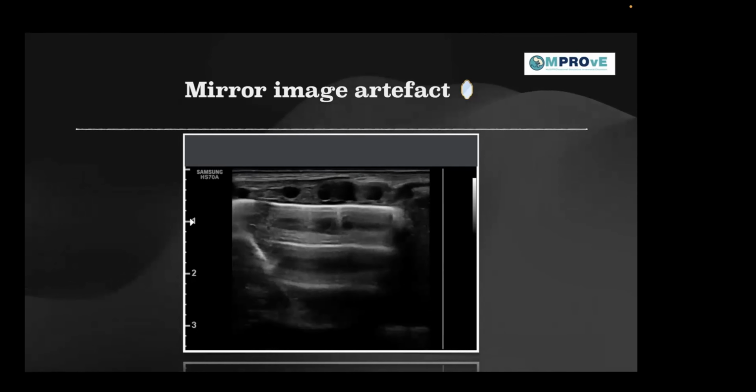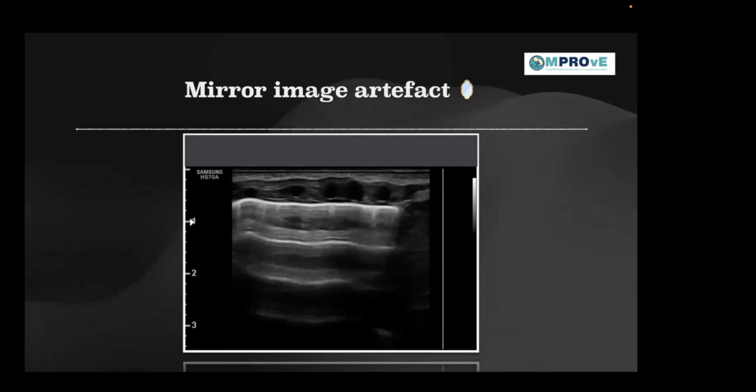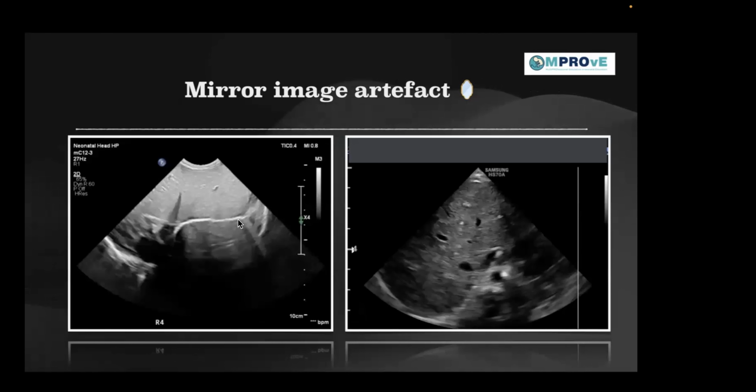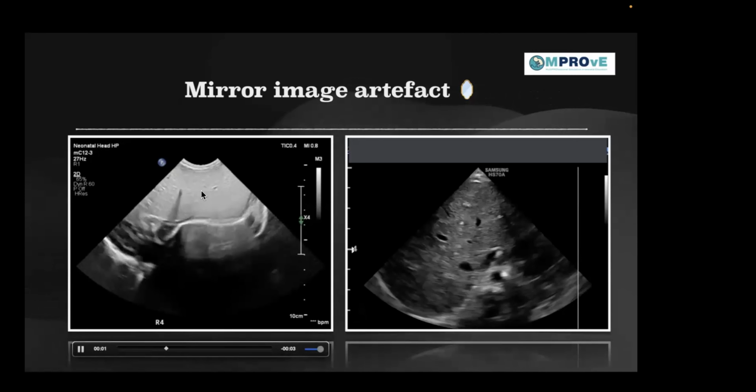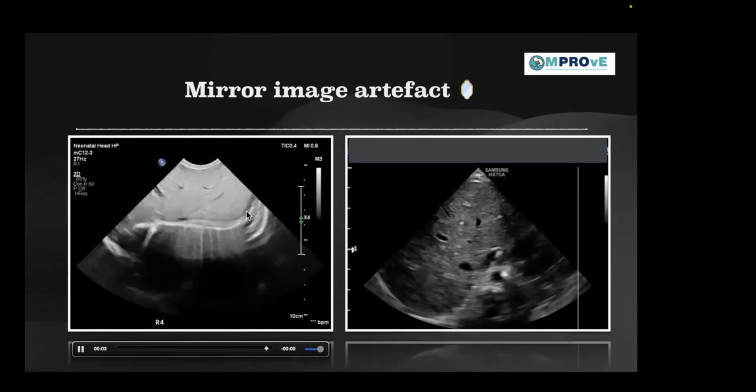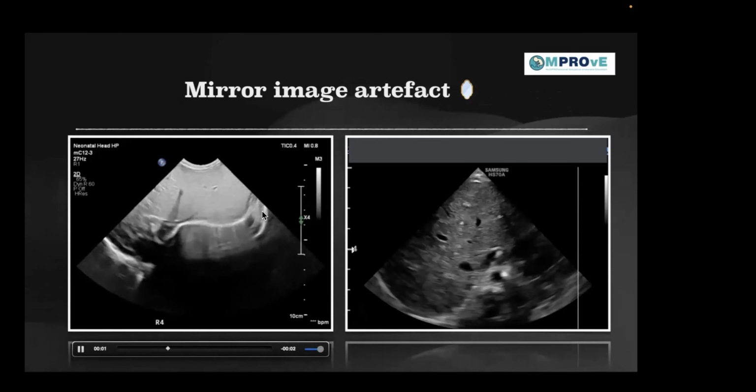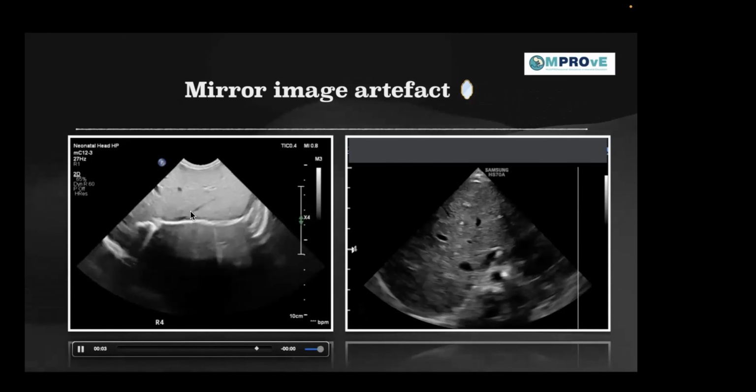And you can see mirror images in all the scans of the body. To show you another example, this is the curvilinear probe again, and you can see this is liver. That's your diaphragm coming here, and you can see the liver on both sides. Now you can see the vessels coming here, the same vessels coming here. What it basically tells you, if you can see a mirror image, is that the other side also has some bit of air.